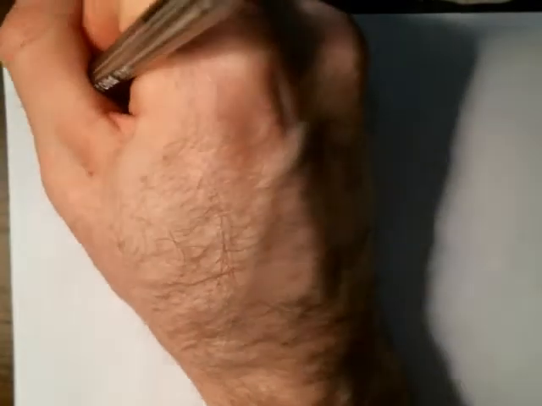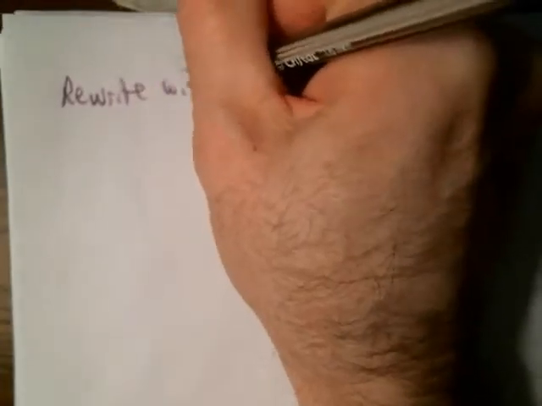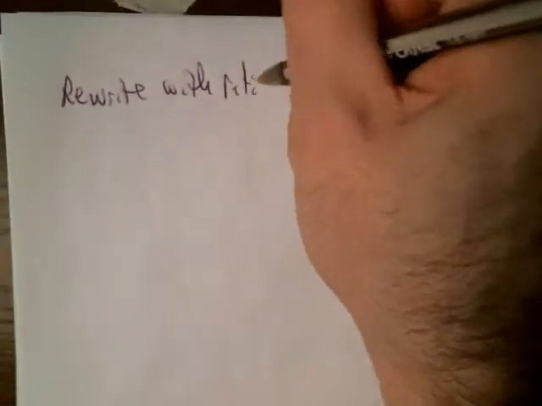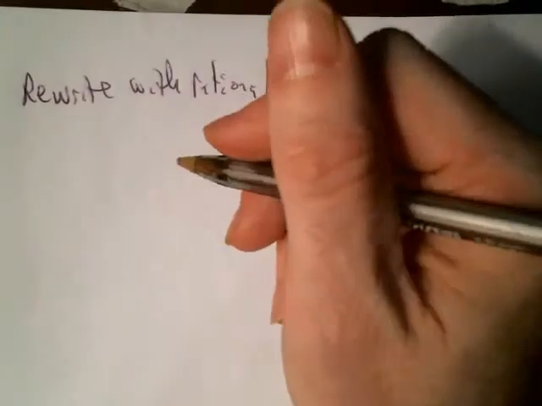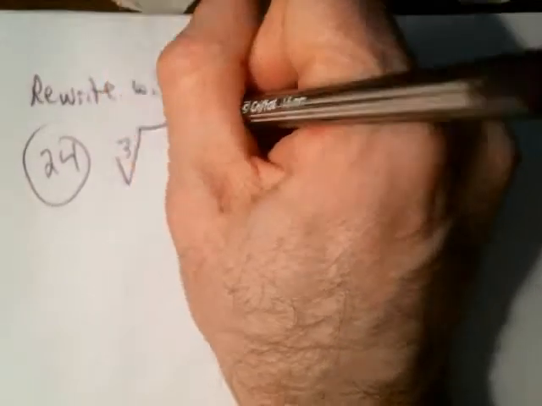The directions here in the book are to rewrite with rational exponents. Okay. So here we have 24, the cube root of 6.